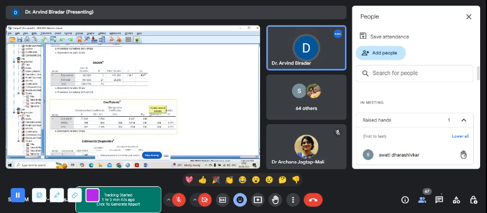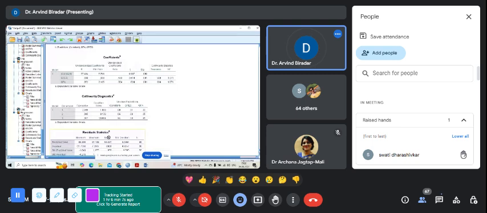Coefficient values. The VIF is 1.07, which is above 1. The constant is 77, then beta 1 and beta 2 values.